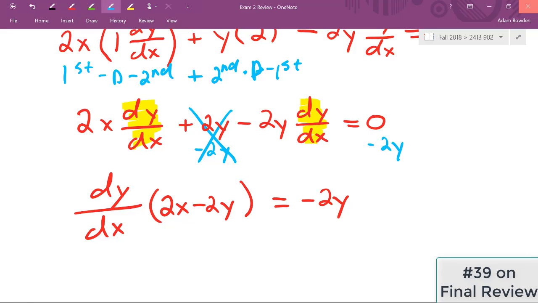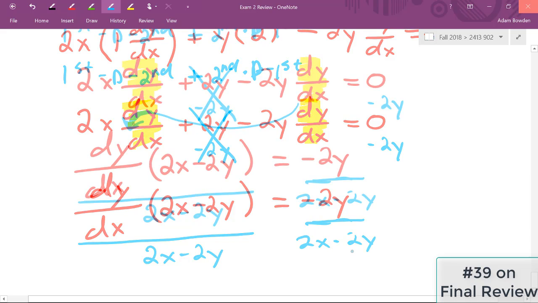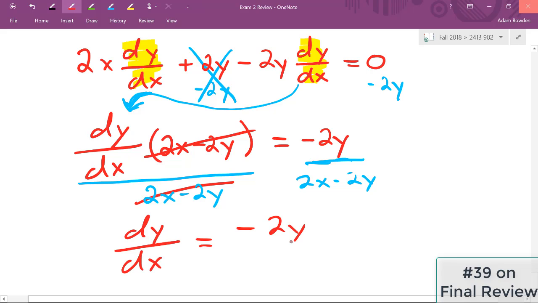Now we can divide both sides by 2x minus 2y. And what we're going to get here is dy dx is negative 2y all over 2x minus 2y.